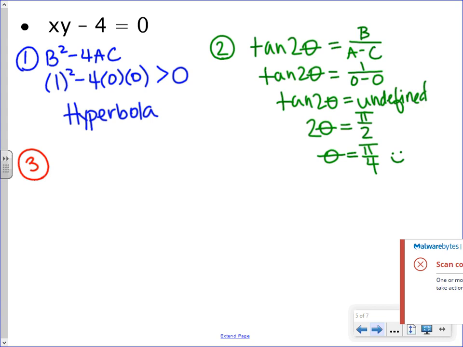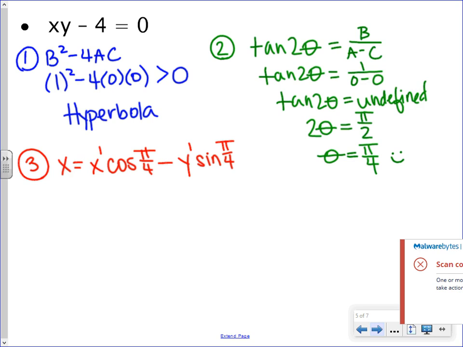Okay, our third step is we have to figure out what x and y are going to be. Our x substitution is x prime times the cosine of theta minus y prime times the sine of theta. Obviously, you're not going to leave it like that.